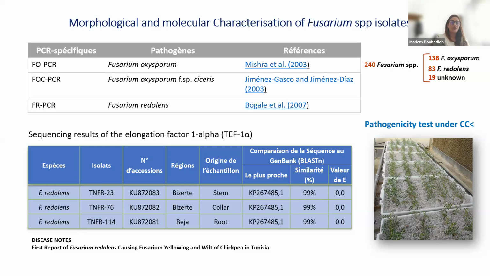So the problem is that we are now speaking about a Fusarium complex, because it is not limited to Fusarium oxysporum f. sp. ciceris. There are other species in the Fusarium complex, a group of species tightly linked to problems of yellowing and wilting of chickpea.